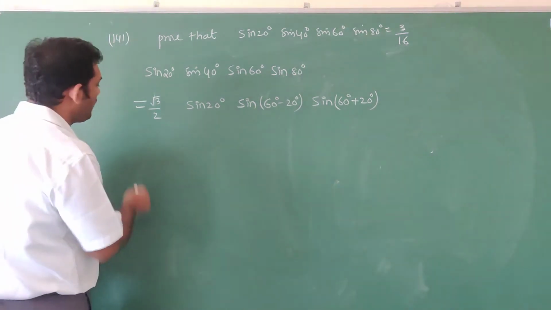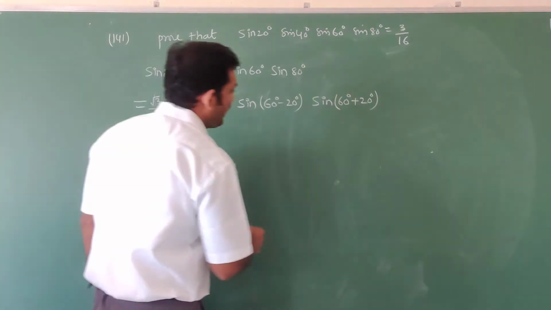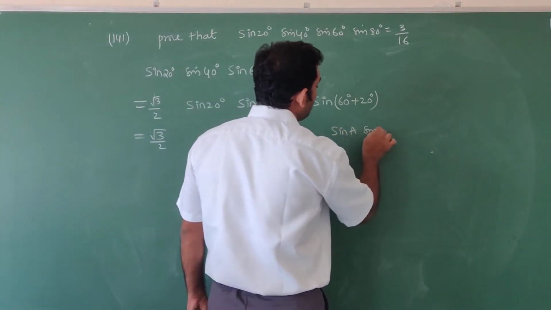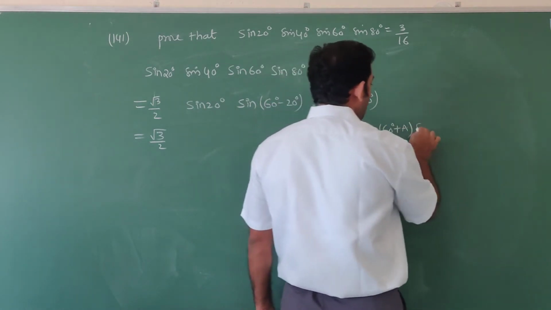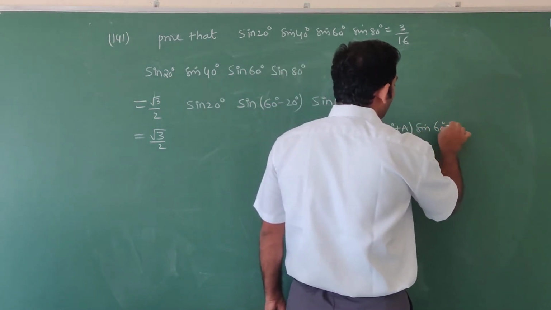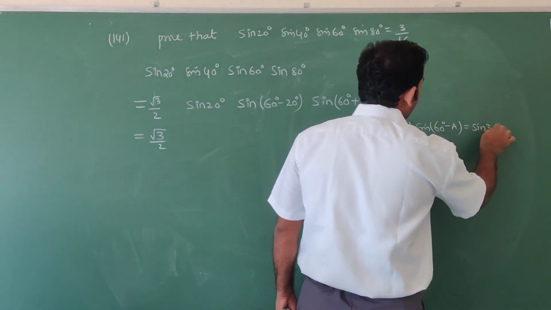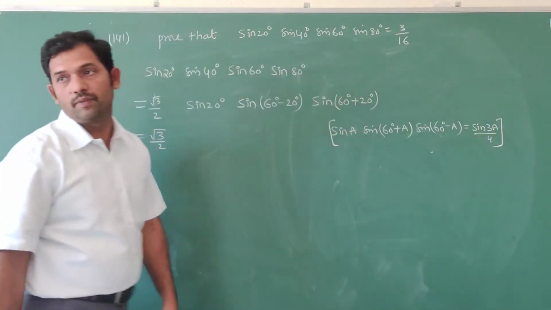So what is our formula? Root 3 by 2 times sin A sin(60 plus A) sin(60 degrees minus A) is equal to sin 3A divided by 4. Using this formula you have to see.